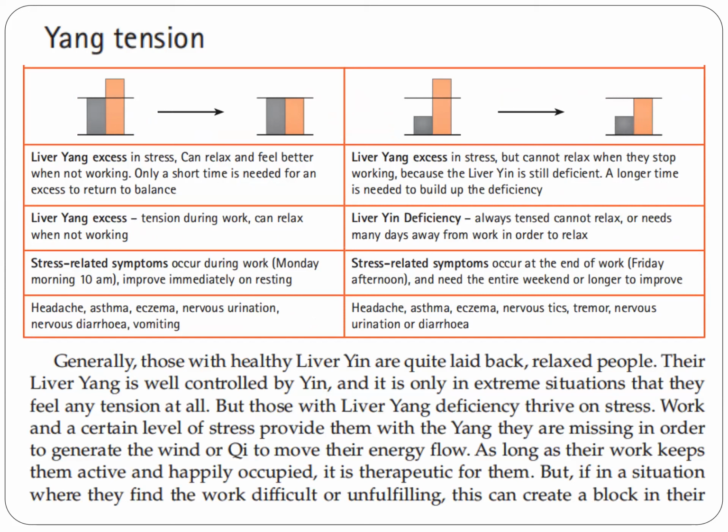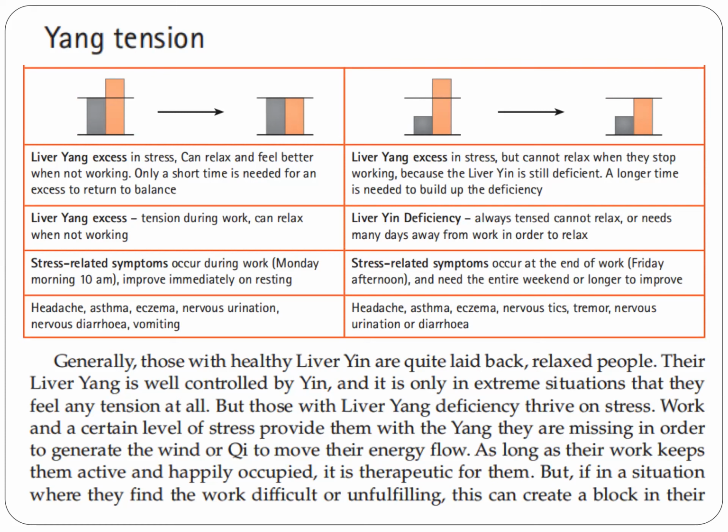Now, yang tension. The first diagram shows that yin is at a normal state and yang is increasing, and later yang goes down to a normal state. So in this condition, with liver yang excess and stress, one can relax and feel better when not working.